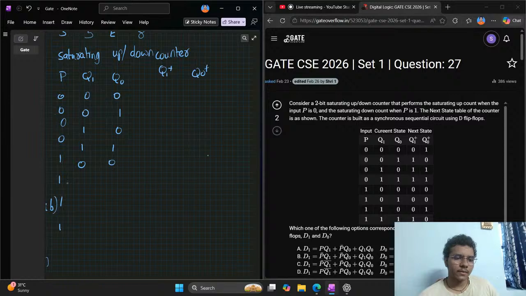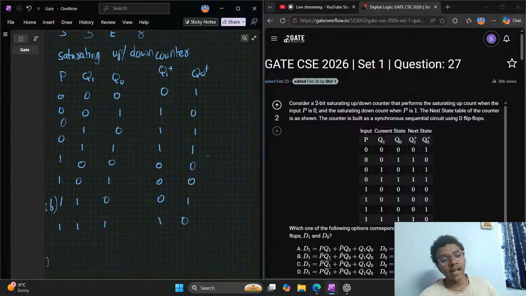Again 0 0 0 1 1 0 1 1. So the counter up of 0 0 is 0 1, 0 1 is 1 0, 1 0 is 1 1, and 1 1 is 1 1. Again the counter down of 0 0 is 0 0, 0 1 is 0 0, 1 0 is 0 1, 1 1 is 1 0. I have drawn the table.